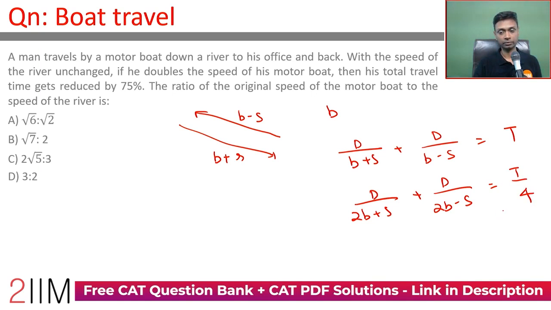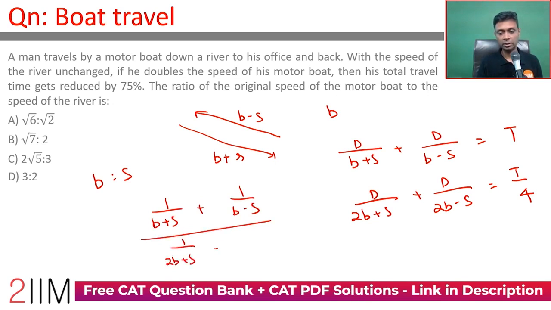We need to find the original speed of the motorboat to the speed of the river, B is to S. I'm going to remove T and D by dividing one equation by the other. D gets away. We'll have 1 by B plus S plus 1 by B minus S divided by 1 by 2B plus S plus 1 by 2B minus S equal to 4.